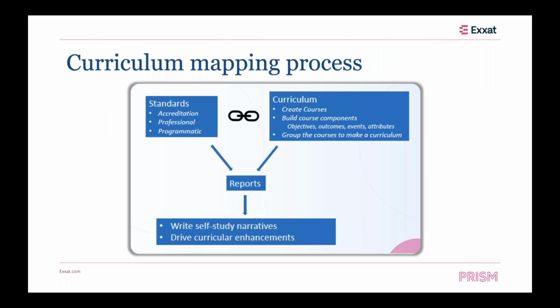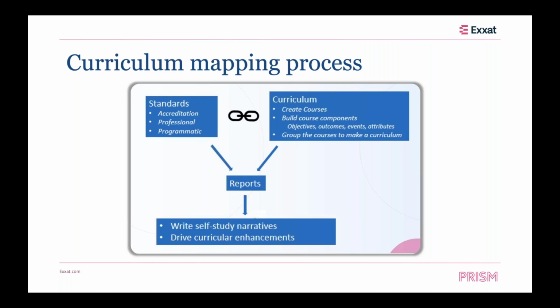So the whole goal of this whole curriculum mapping activity is that on one side you have all your standards, and you should be able to define which standards are important for you from a curriculum mapping perspective.